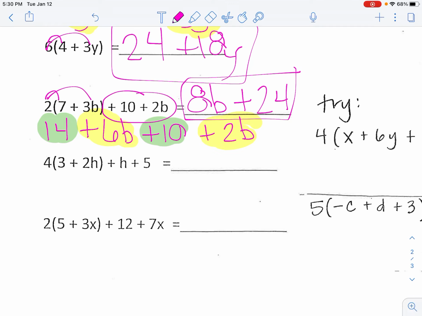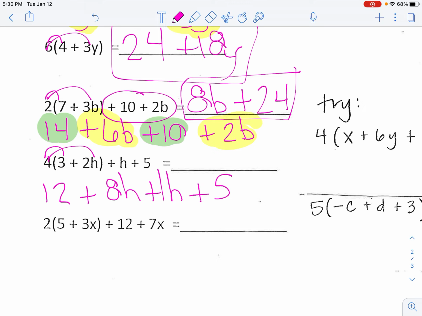Next problem. 4 times 3 plus 2h plus h plus 5. First, distribute. 4 times 3 is 12. 4 times 2h is 8h plus h plus 5.